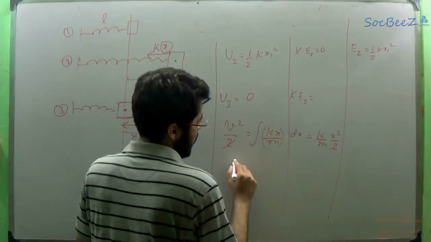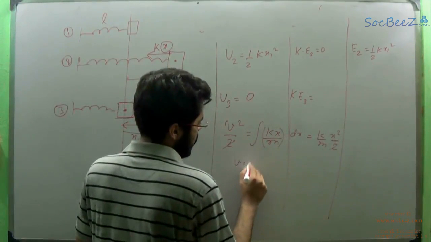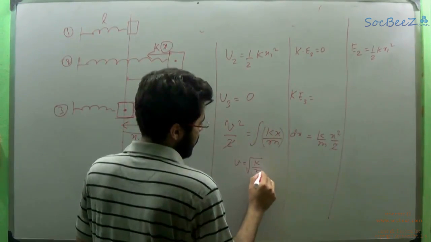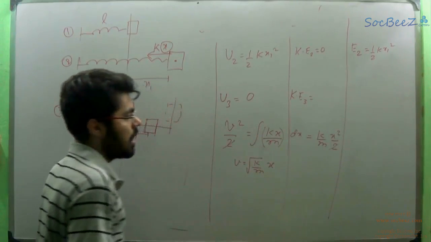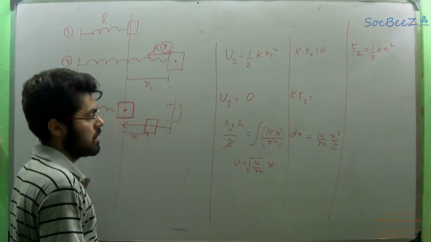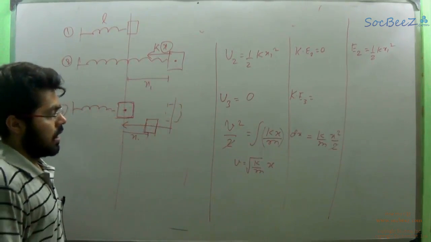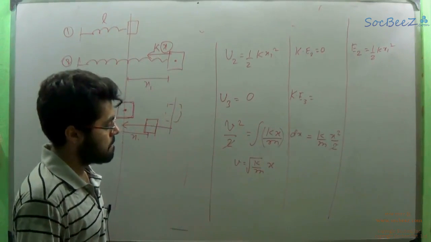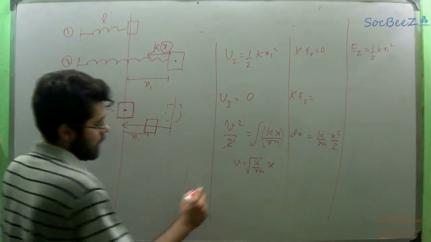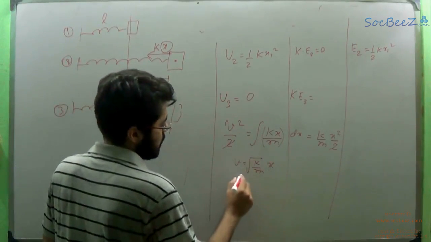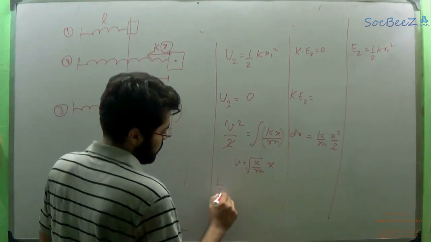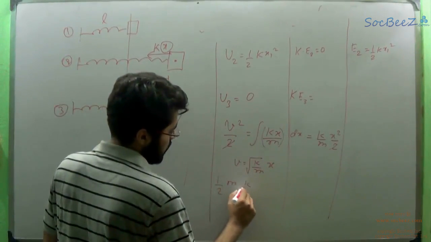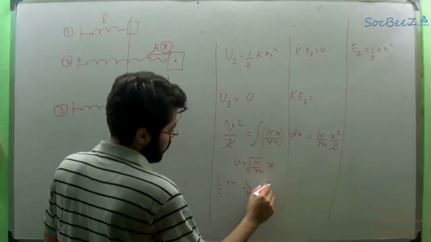So we found that velocity will be root under k by m x, if m is the mass of the object. So if we take out the kinetic energy at this point, it will be what? Half mv square. So half mv square means k by m x square.